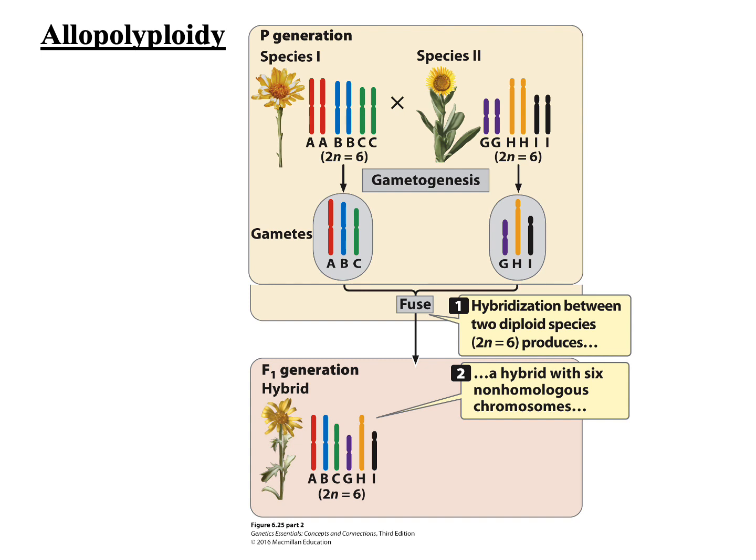Now again, this is very common in plants. Wheat, rye, and cotton are all allopolyploid species that we utilize today.